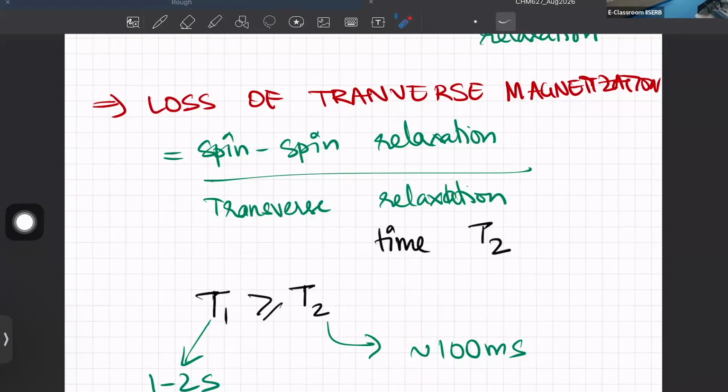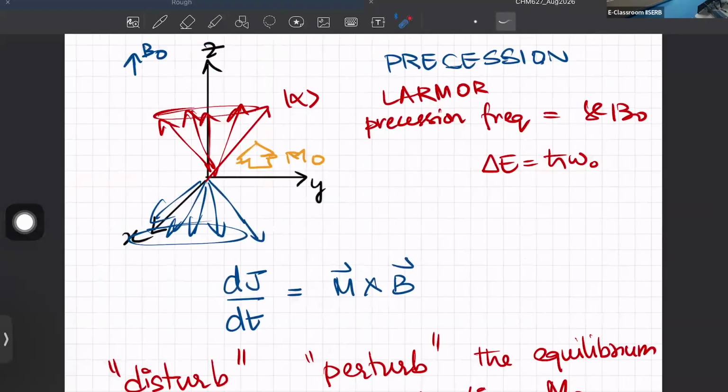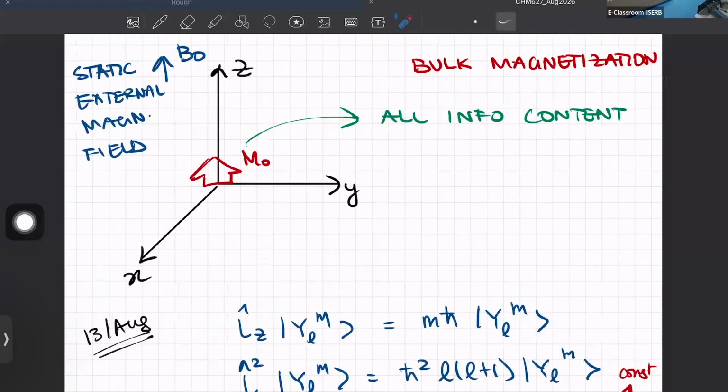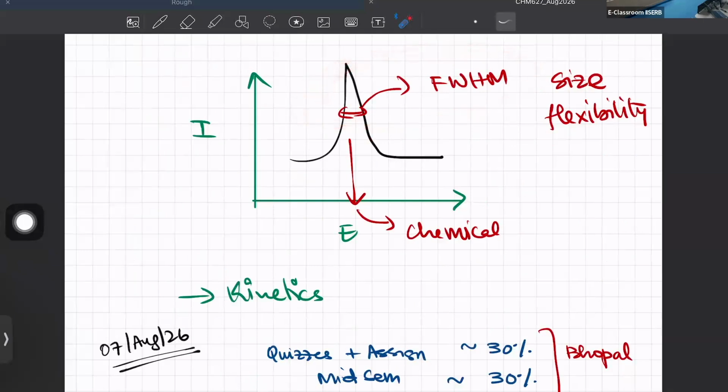Similarly, if the amount of time you're able to measure the transverse magnetization is low, then the uncertainty in the frequency domain is high. Therefore, the line widths will be higher, which I referred to in passing in the earlier classes, where I said the line width also has some information embedded in it. The lines will get broader and broader.